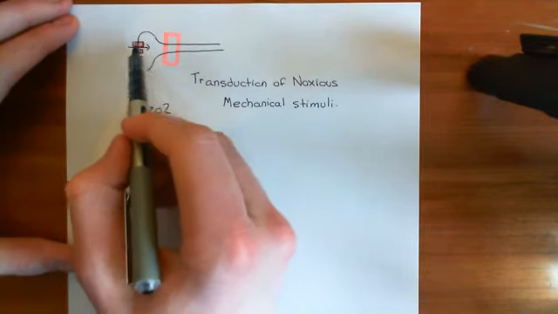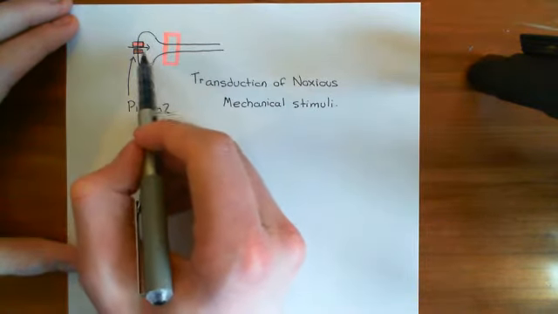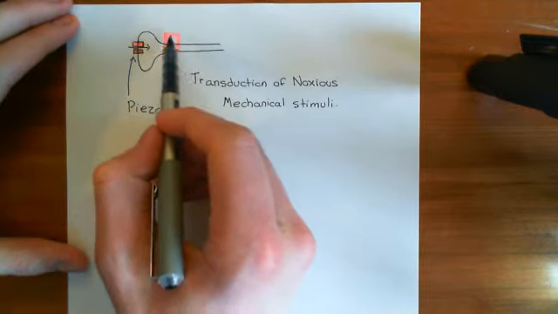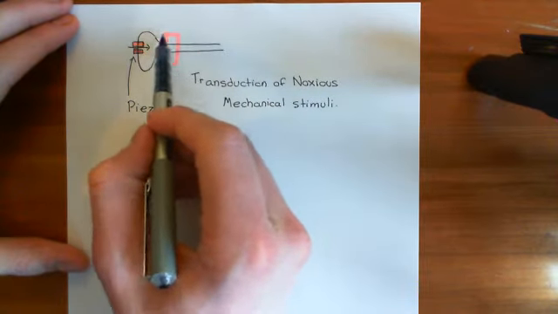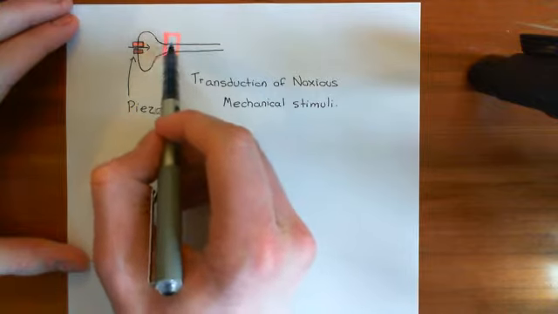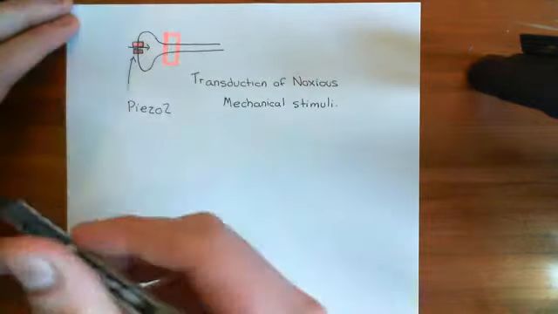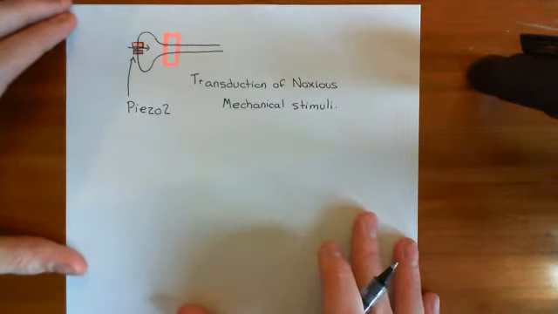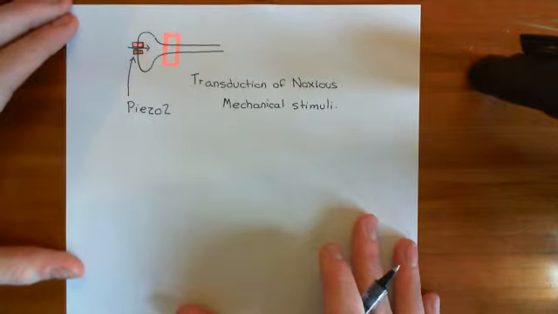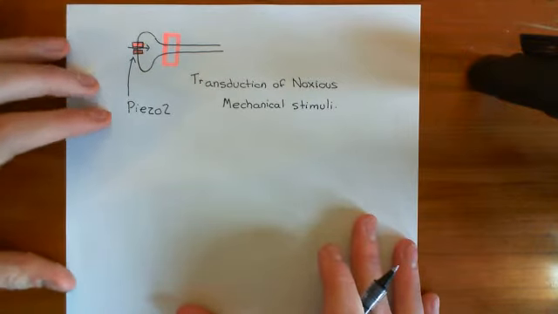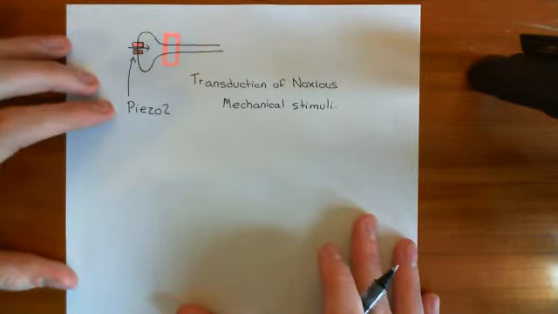That will cause the receptor potential within the axon terminal, which will then spread to the action potential origin here, which will then cause the action potential origin to fire an action potential when this depolarizing current arrives there. That's all I can pretty much tell you about the transduction of noxious mechanical stimuli. There's very little more than that known.